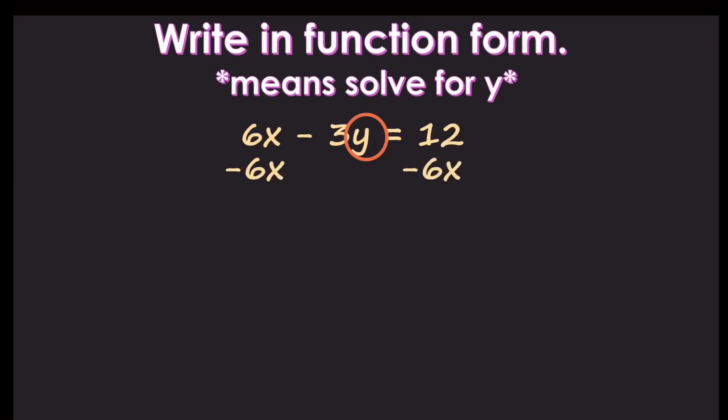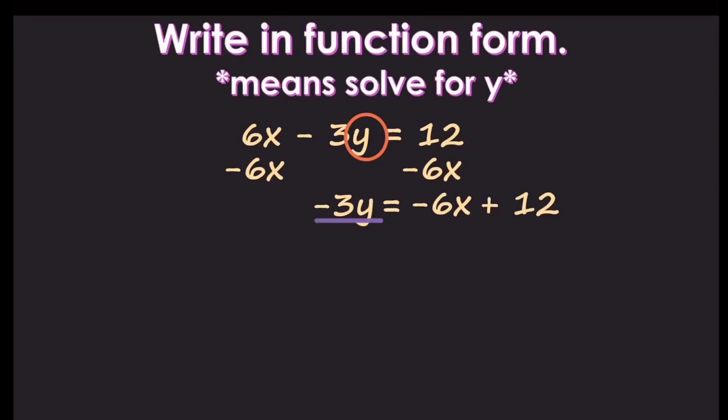I'm subtracting 6x because the 6 is positive. That negative goes to the 3. So that leaves me with negative 3y equals, remember I write my x term first, negative 6x plus 12. And I know it's a plus 12 because that 12 that was already there was positive.